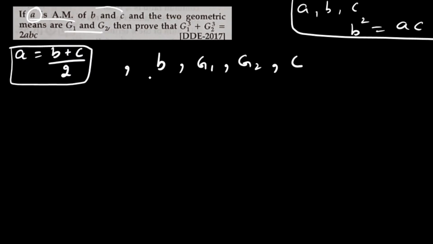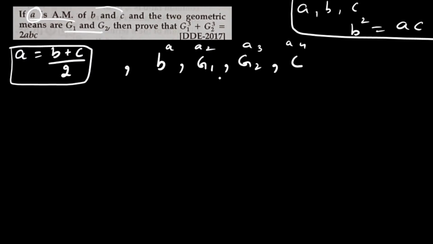Now if we see this sequence, the first term of this sequence is B, then this is the second term, this is the third term, so this is A, this is A2, this is A3, this is A4. I hope this is clear till here.